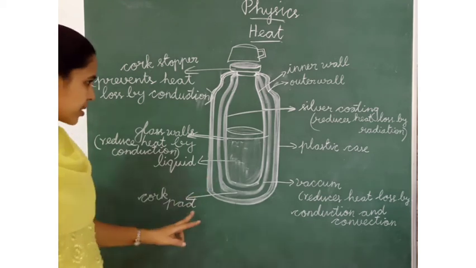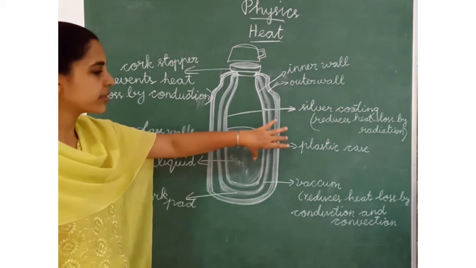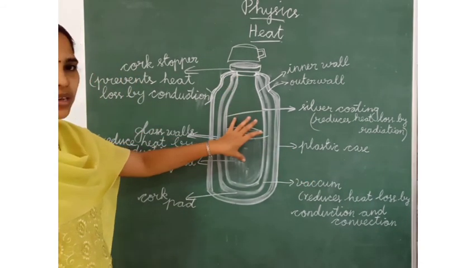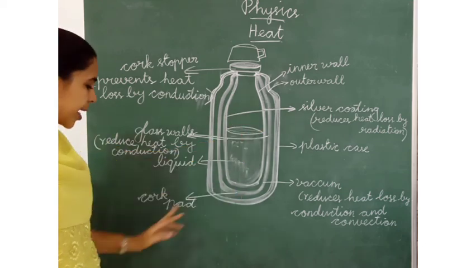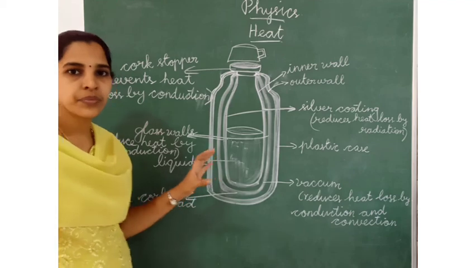And the next one is the plastic case. The outside of the thermos flask is made of a plastic case. The flask vessel is kept on a cork pad. What is the use of this?